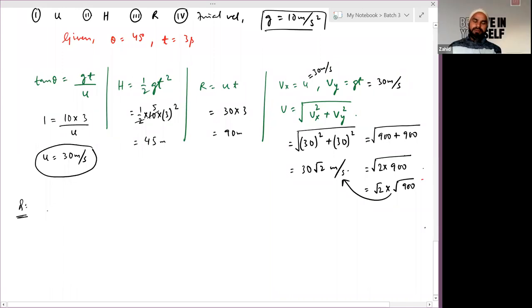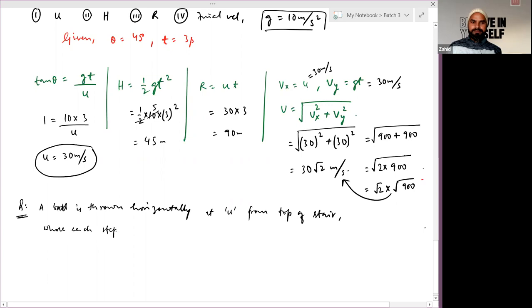I'm giving you one problem related to this. A ball is thrown horizontally at you from the top of a stair, whose each step is h unit in height and w unit wide.